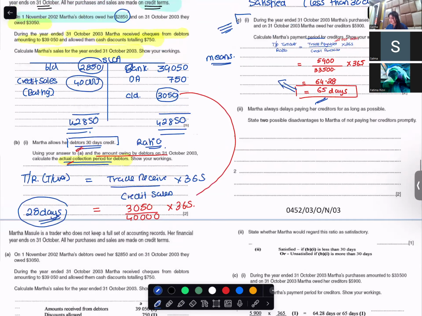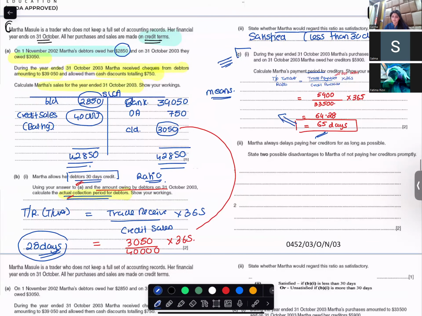We are receiving money in how many days? 28 days. And we are going to give our supplier in how many days? 65 days. That means we are receiving soon, we are paying later.